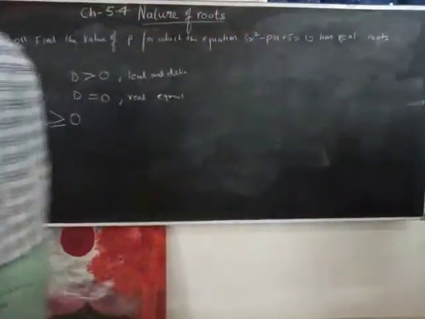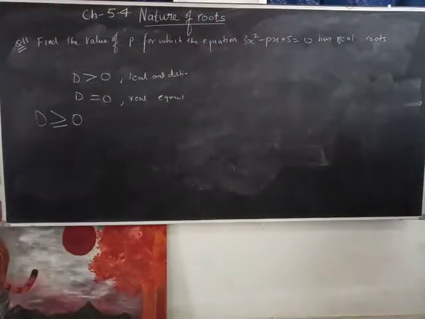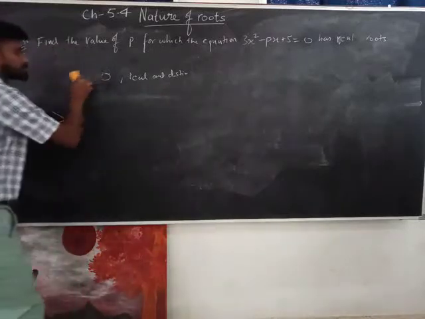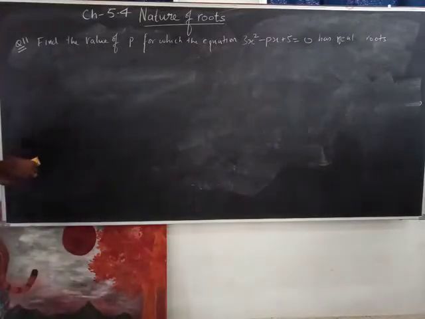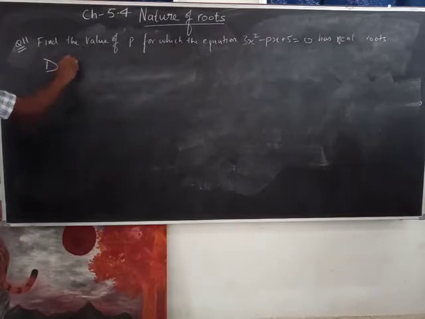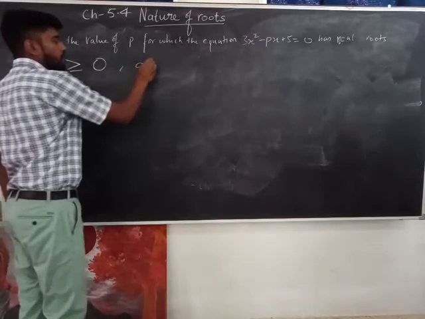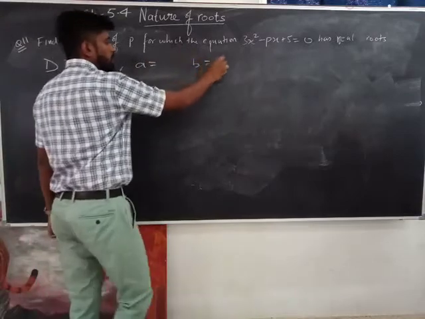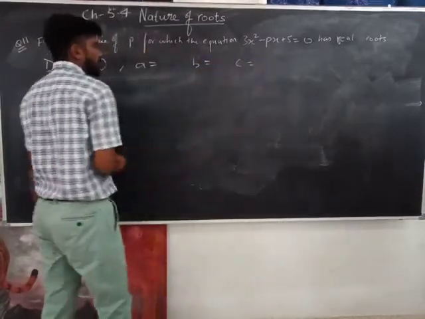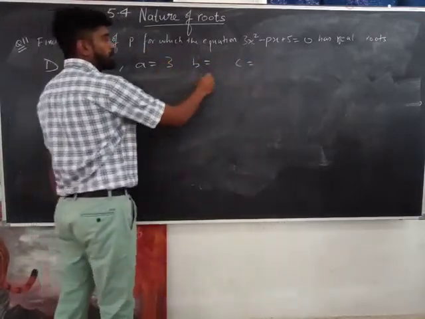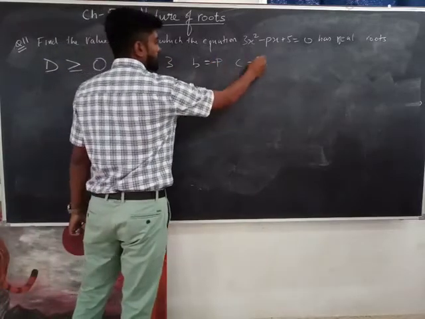Okay, so you have to use this formula. So we'll quickly have a look. So I'll be keeping d is greater than and equals to 0. And now I need to figure out what is a for me, what is b for me, and what is c for me. So for me, a is 3, b is minus p, and c is 5.